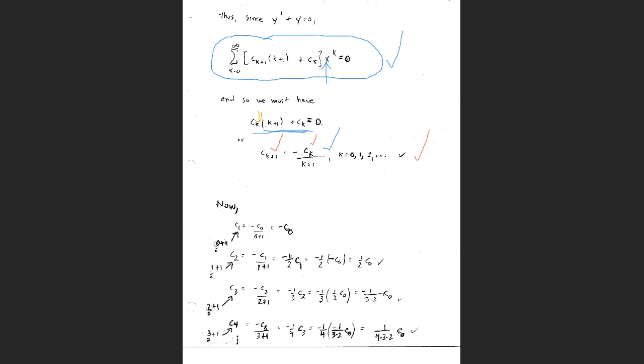Okay, hold on here. Where did the 1 go? The orange arrow. These here are parentheses.